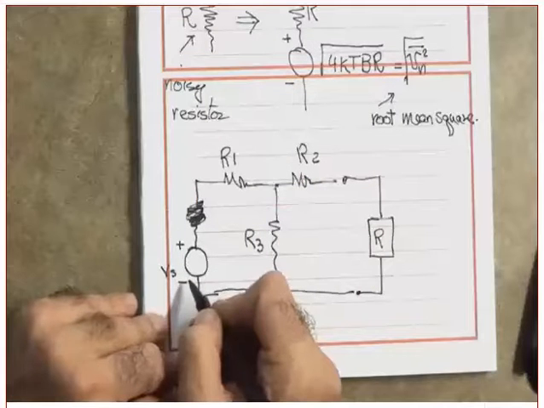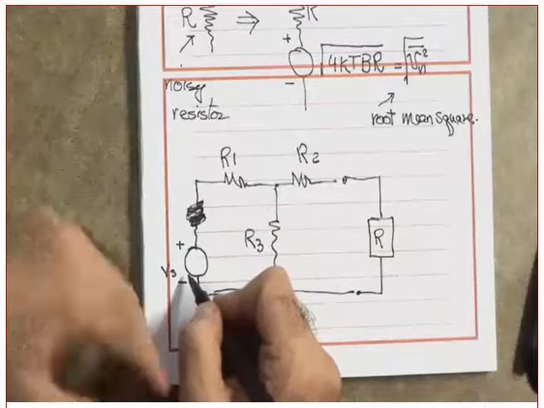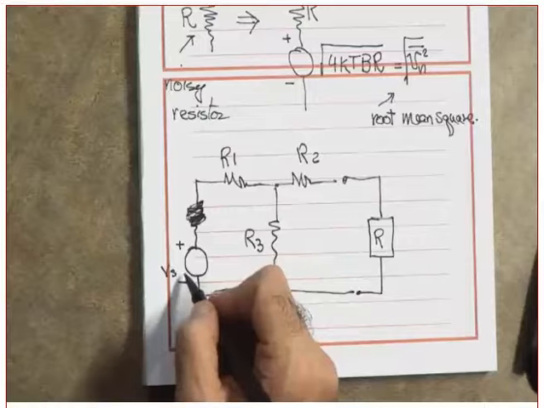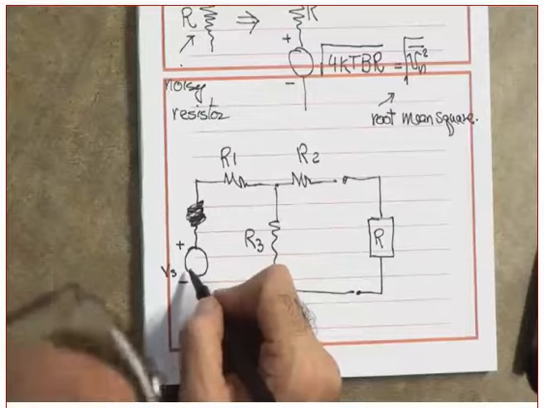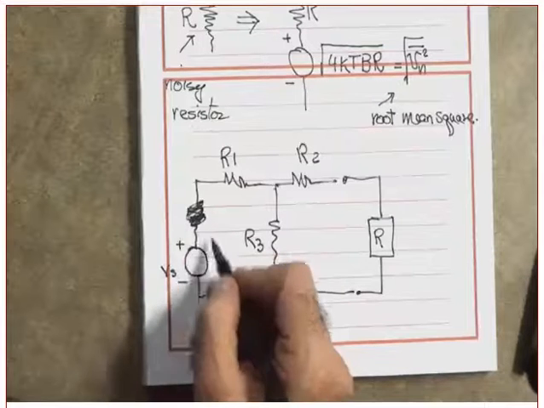By the way, what is this Vs? That's the source voltage. When I say source voltage, this is for the signal, not for the noise.